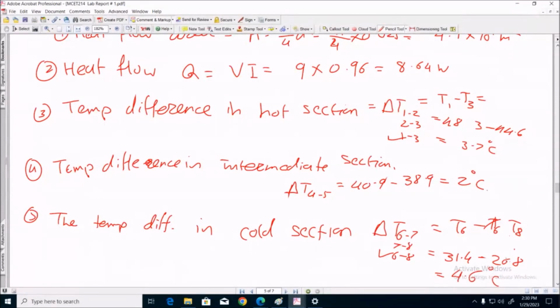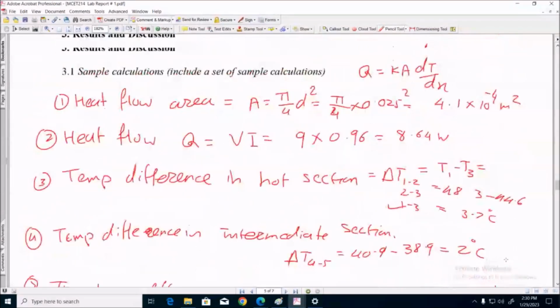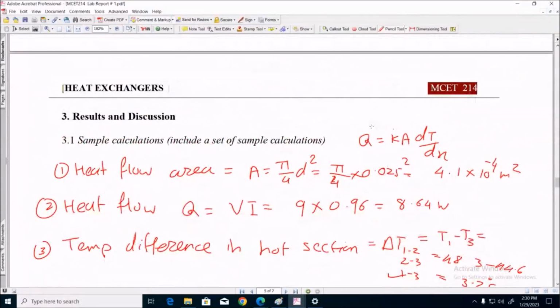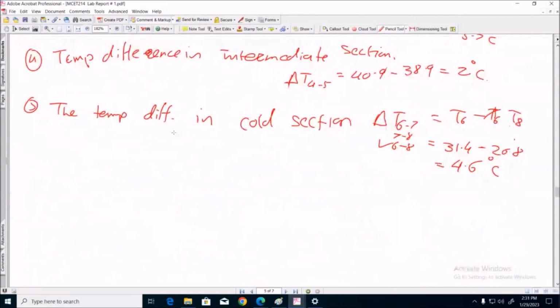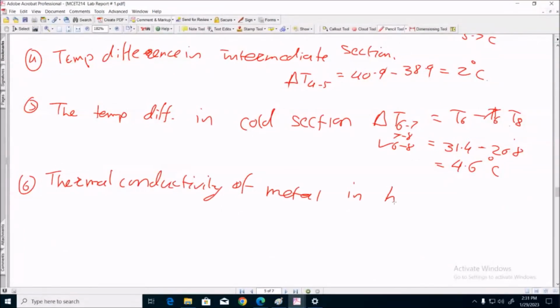So once I know the temperature difference, here I know Q, I know area, I know delta T. Now delta X I already know, so I can find K. Number 6, thermal conductivity of metal in hot section.